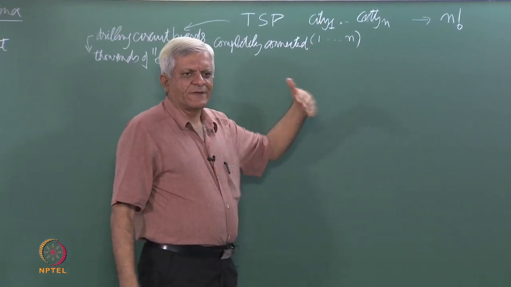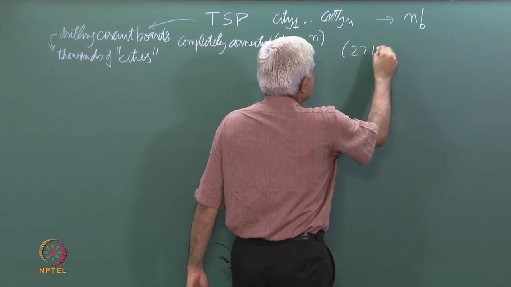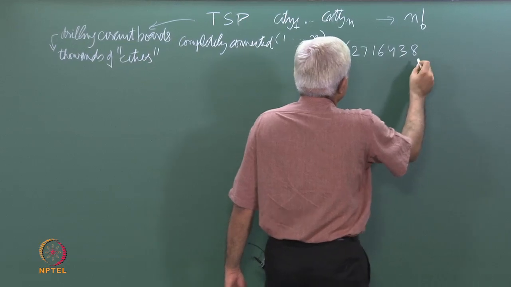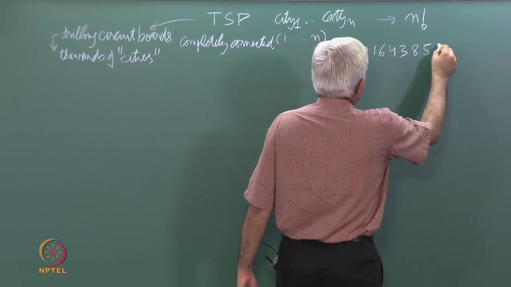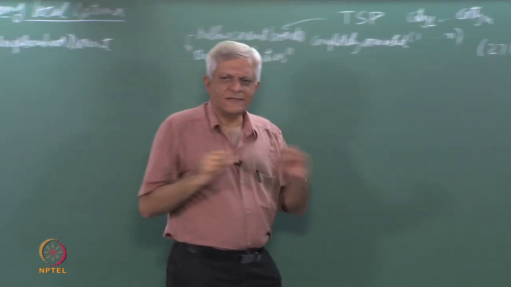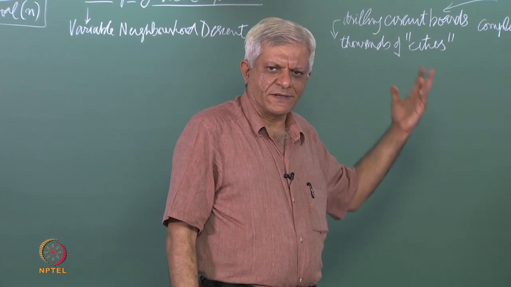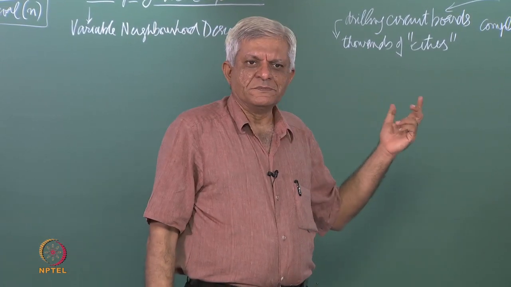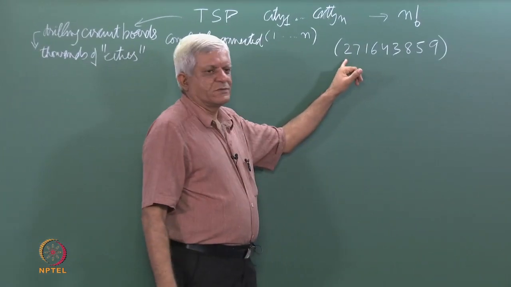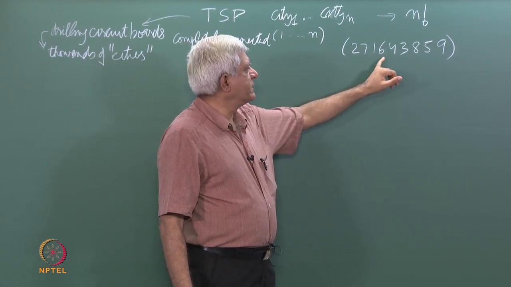For example, if you have 9 cities, then a tour could be something like 2, 7, 1, 6, 4, 3, 8, 5, 9. So, a list of city names, or in this case city indexes or city numbers, gives you a candidate tour. So, it says that you start at city 2, then go to city 7, then go to city 1, then go to city 6 and so on.